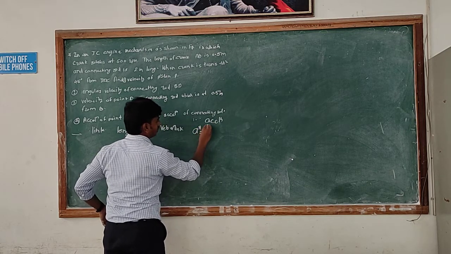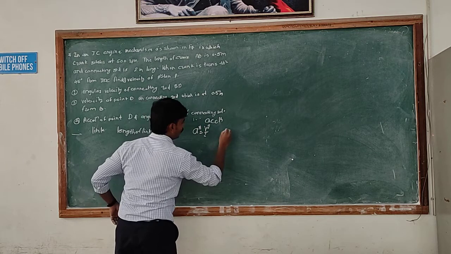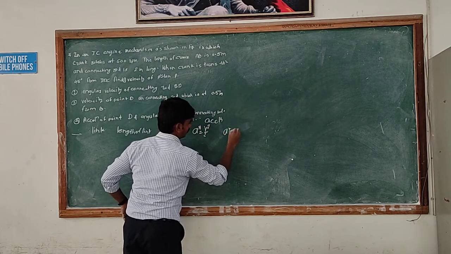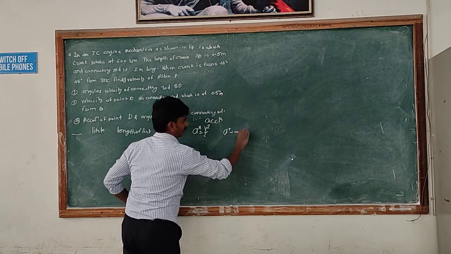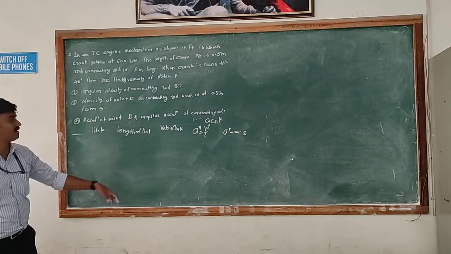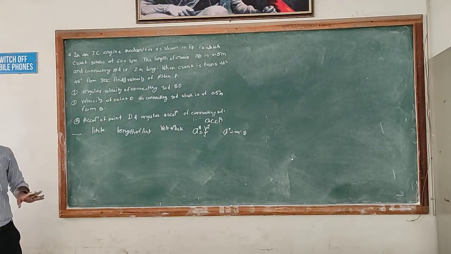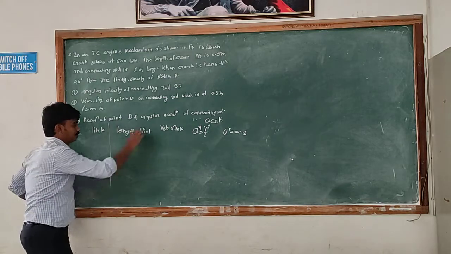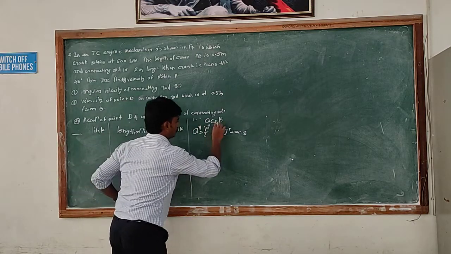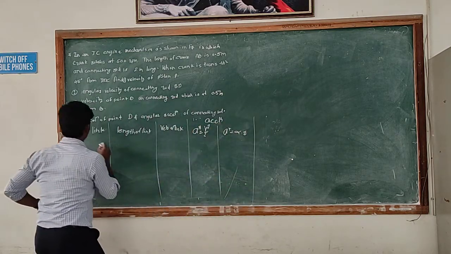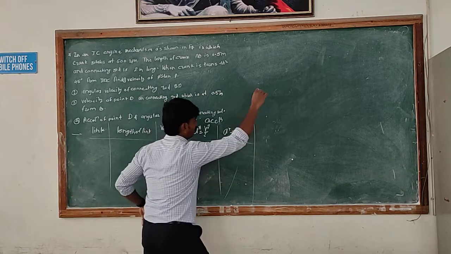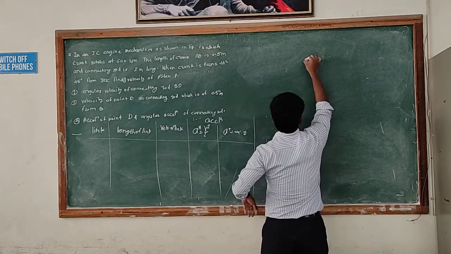The formula for normal acceleration is v square upon r, and tangential acceleration is alpha into r. We have to make this table and then we will draw the acceleration diagram. First of all, we will draw here the configuration diagram in small.